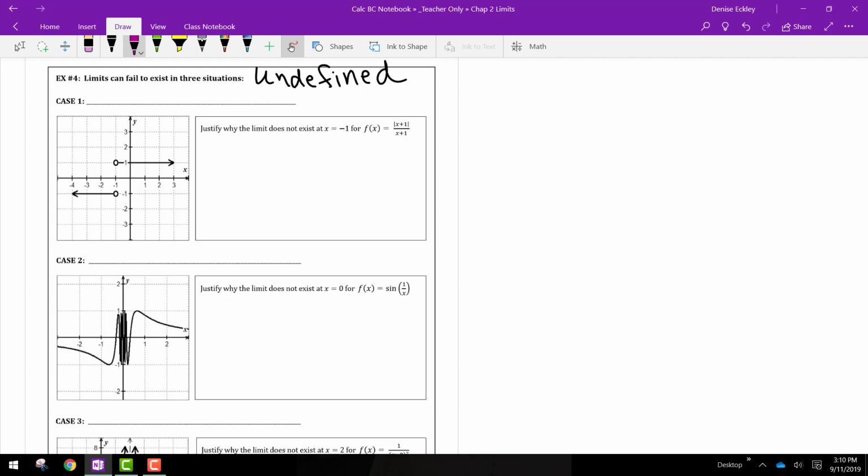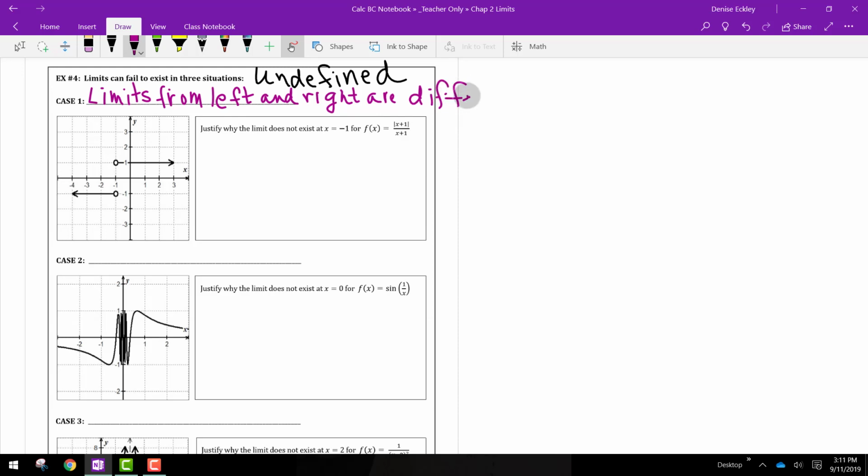This case is called a jump discontinuity, but in calculus, what we say is that the limits from the left and right are not equal, or are different.